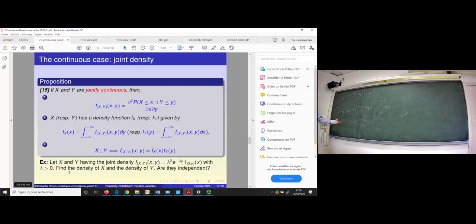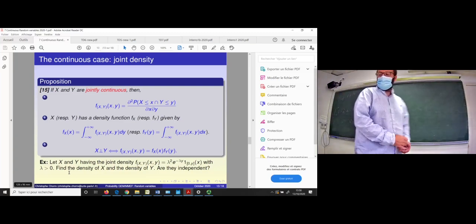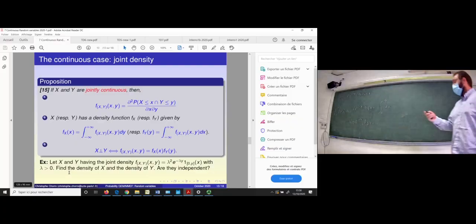So you have here the density function of y, the second component. If you suppose that a pair has this joint density function, the density function of the second component will be the integral of the joint density with respect to the first variable. It will be this one.